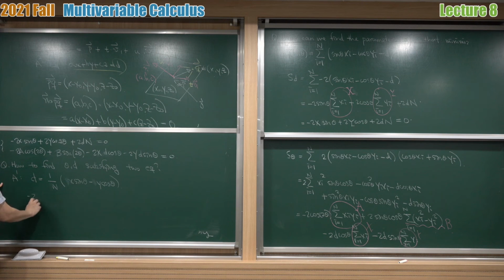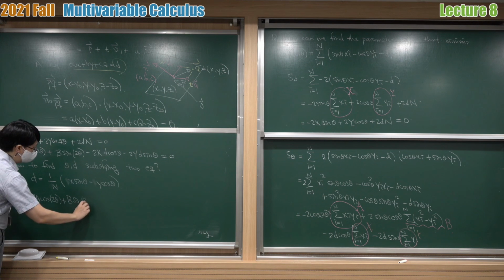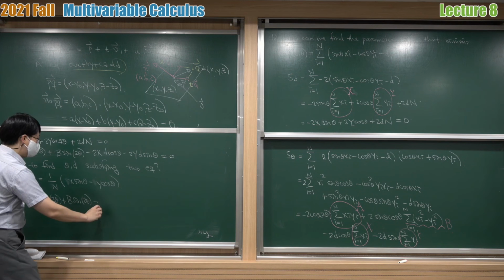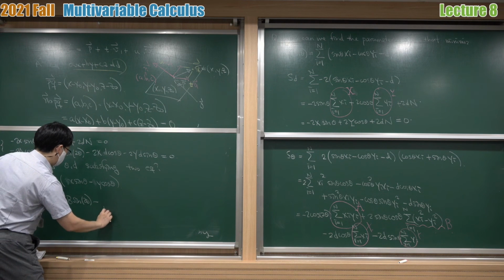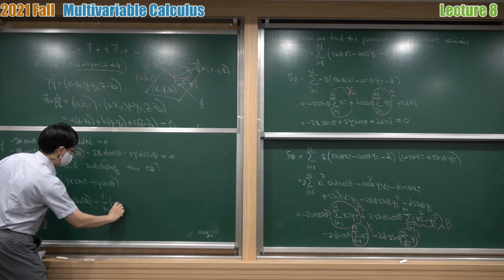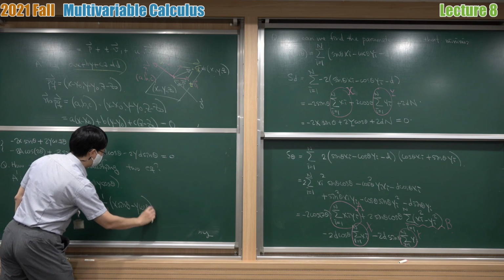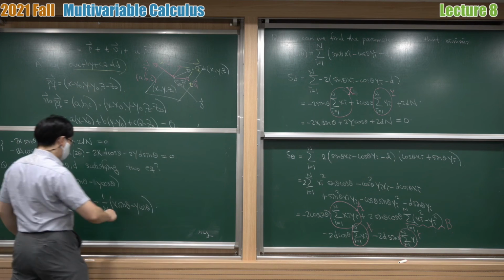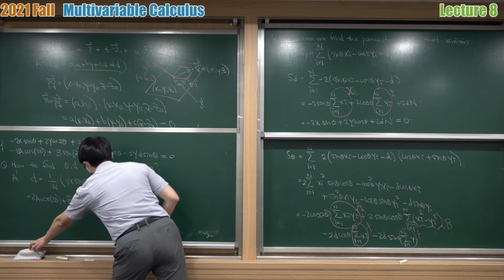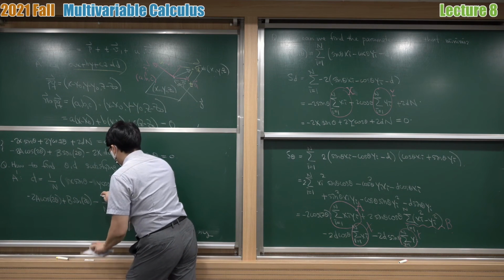So it's minus 2a cosine 2 theta plus b sine 2 theta minus 1 over n, x sine theta, y cosine theta. So I place d here. And there's a common 2's here.